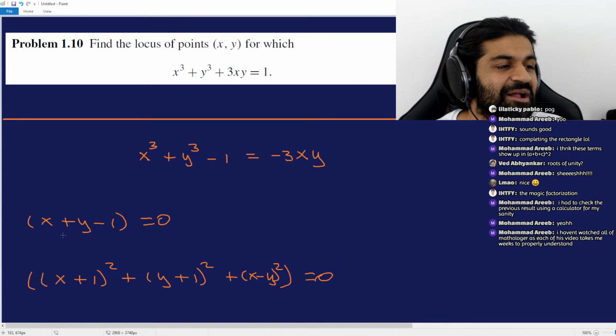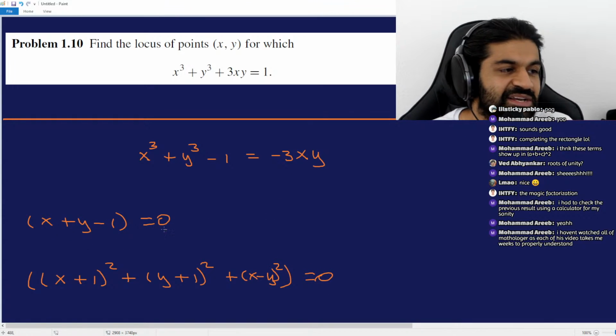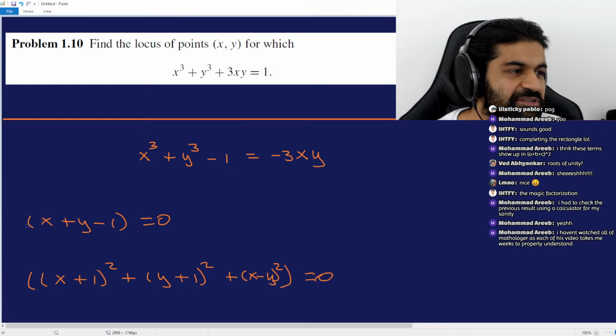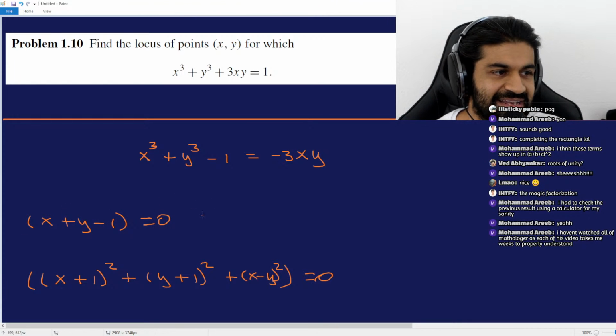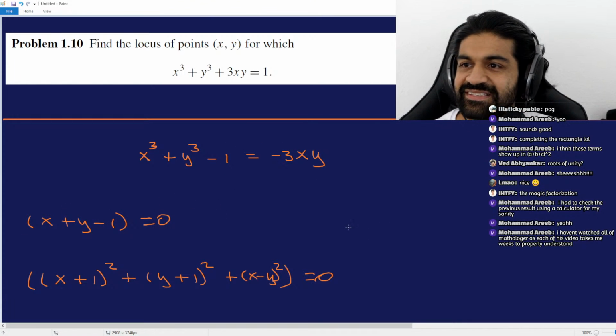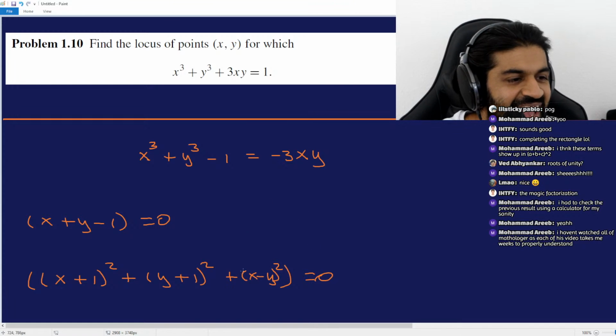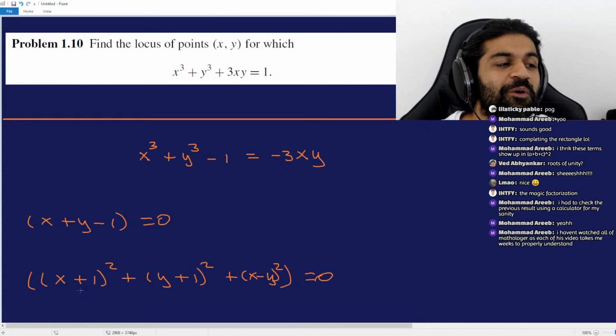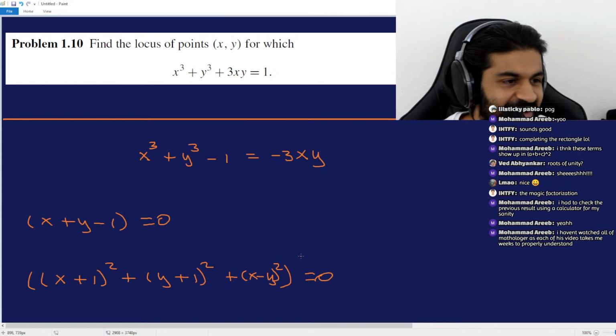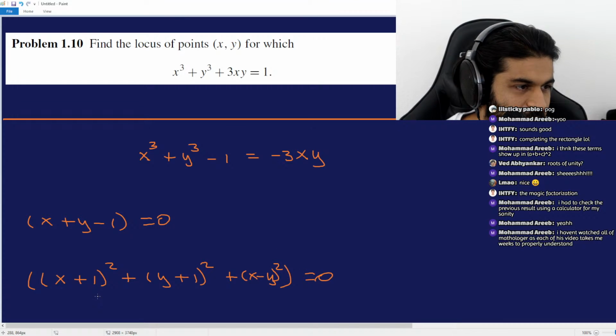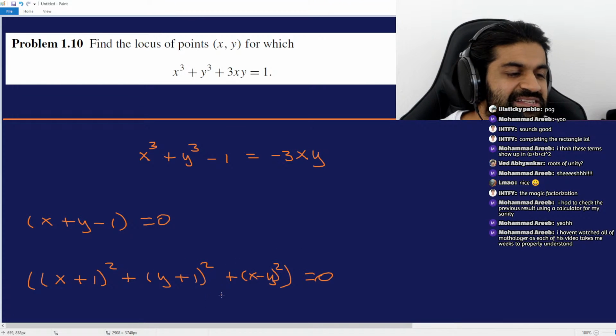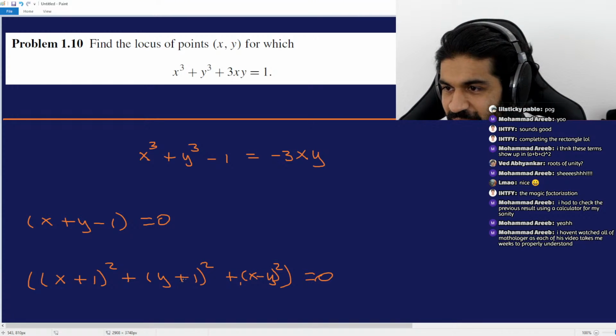So that's our locus. x plus y equals 1 is going to be one piece of the set of all solutions to this equation. And for the other one, the only way that the sum of squares can equal 0 is if they're all equal to 0. So to be a solution to this, x has to equal y, and x and y have to both equal -1.